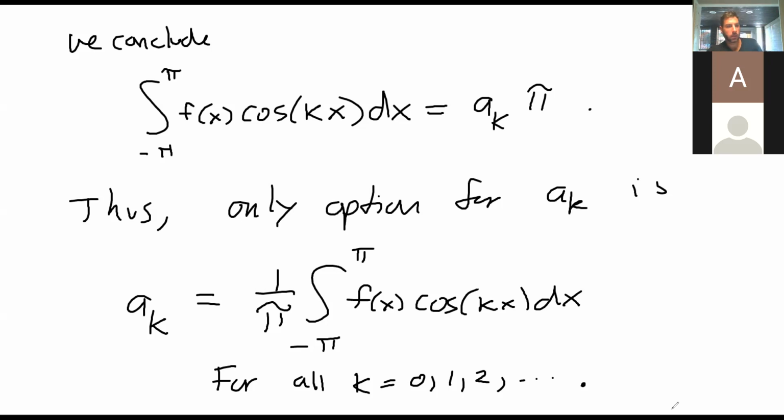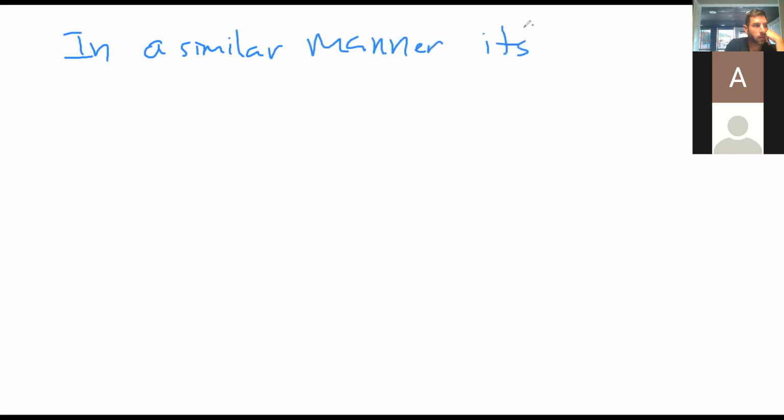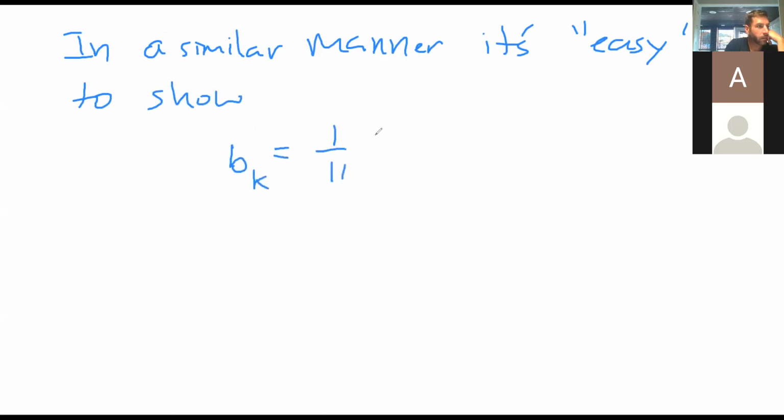Okay, so I don't want to go through the calculation again, but we can do a very similar thing by multiplying both sides by the sine of some integer multiple of k. So in a similar manner, it is easy to show that the b sub k's have to be defined in an almost identical fashion.